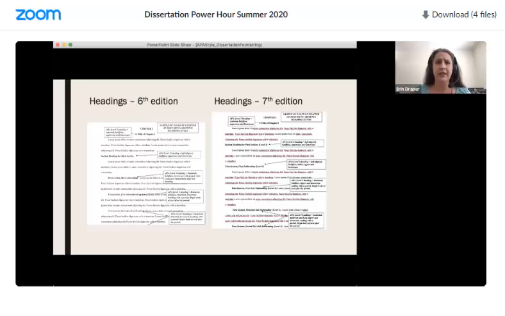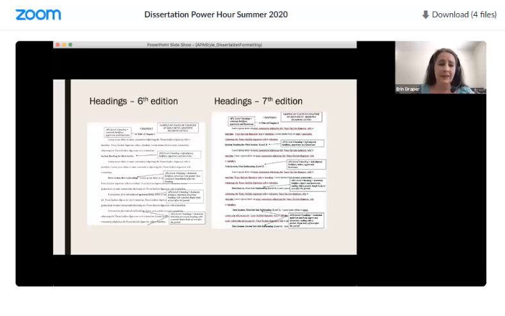It's also in that template document in Word. Right now, again, the one on the webpage is 6th edition. We'll be adding the 7th edition one, I believe, shortly. But if you also want it, you can send me an email and I can share the unofficial one with you while we're still waiting for it.